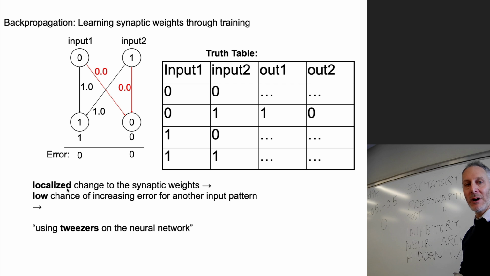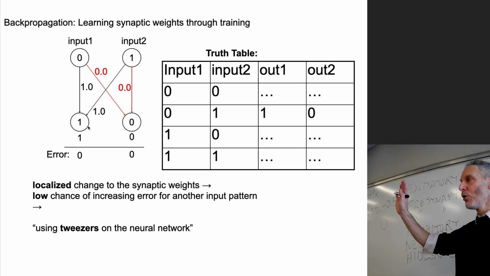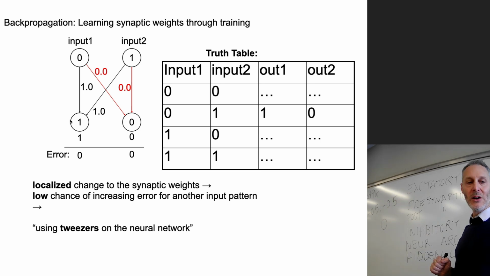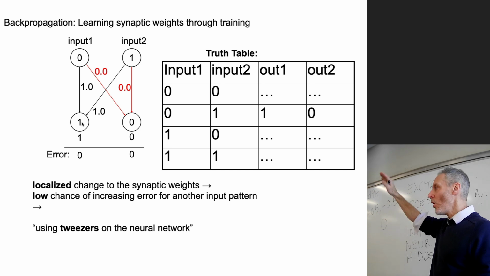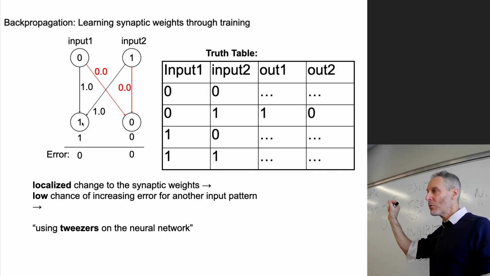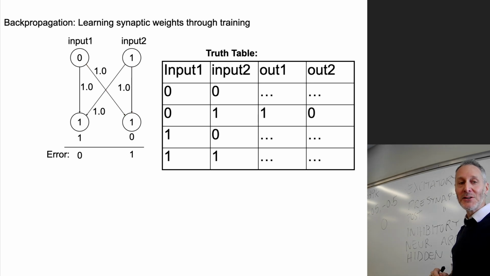Last awesome thing I want to tell you about backprop is that it's a localized change. You'll notice that we didn't change all 4 synaptic weights. We didn't have to because this neuron was behaving. We're only identifying local problems or local error, and then we're looking at all of the upstream things that might have caused that error, and we make usually slight changes to them.